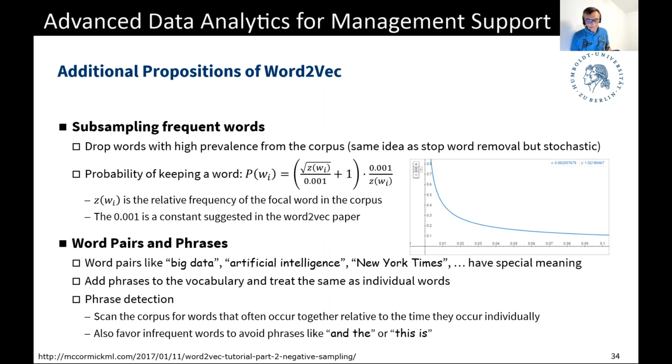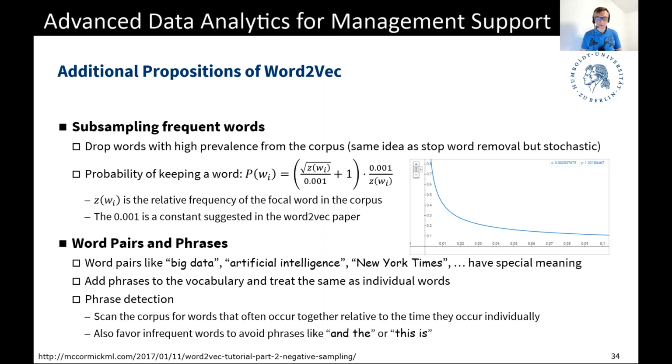And then there was a follow-up paper from the word2vec team, Mikolov et al., where they introduced some further tweaks to make the embeddings even better. Just to mention them briefly, we have subsampling of frequent words. That turned out to be a good idea: if you have very frequent words in the corpus, then many training examples will be associated with these words, either as input or as context words.